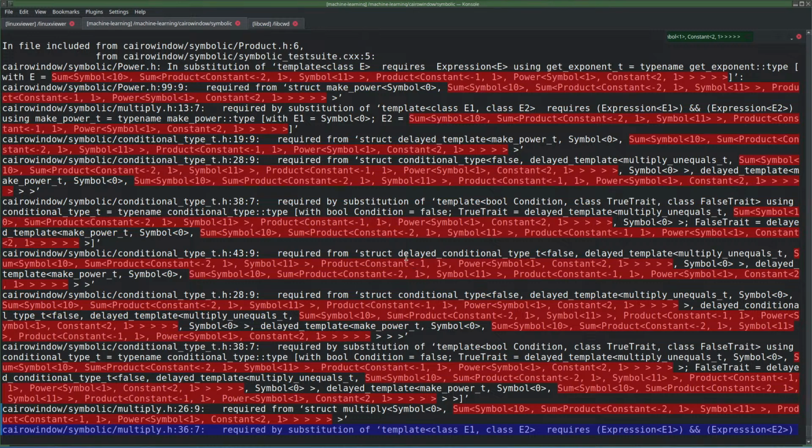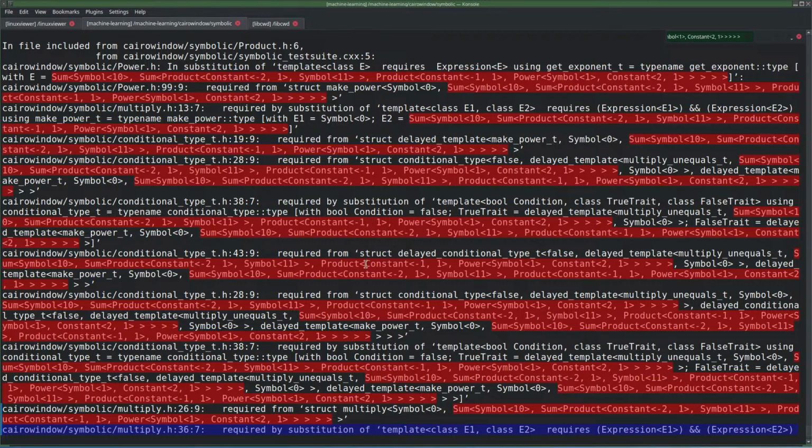Yeah, this is the delayed thing. Okay, so it's practically going to do the same thing. It's again the false. Delayed template multiply on equals of that thing, blah blah blah, but this is the one that we would use. Delayed template make power T of the symbol with that thing. So the false we should never get here, or the false should have been true.